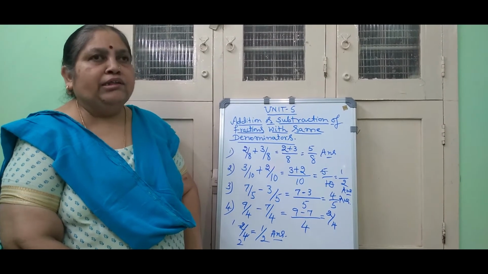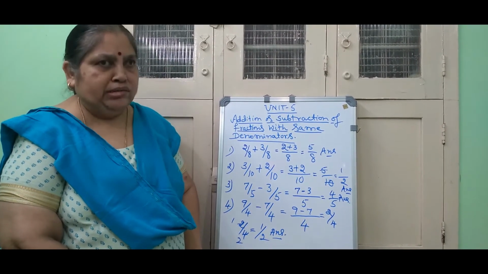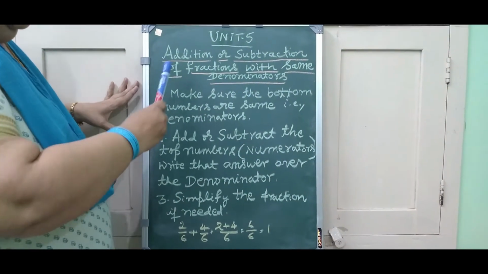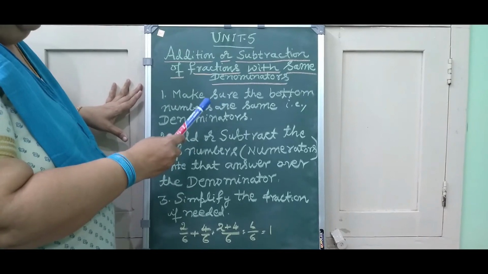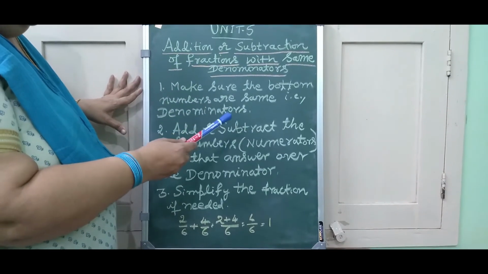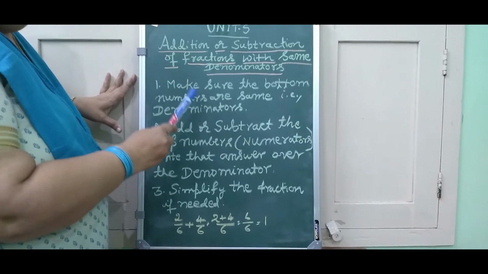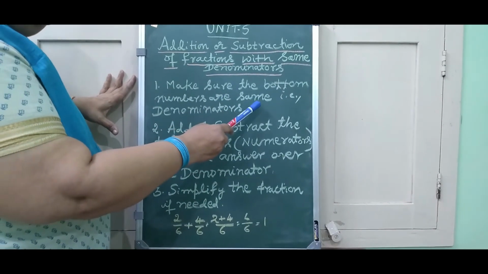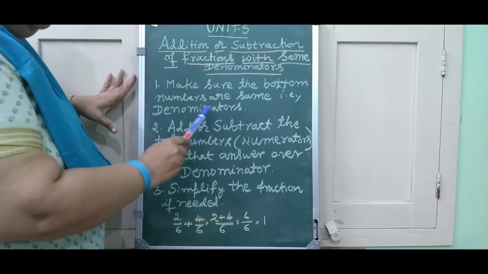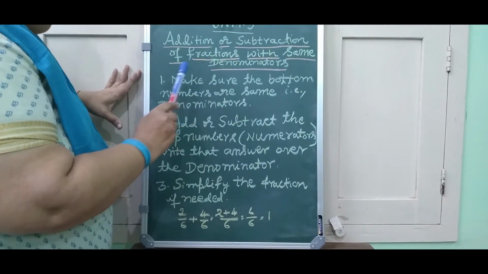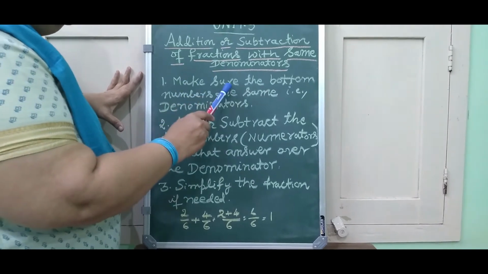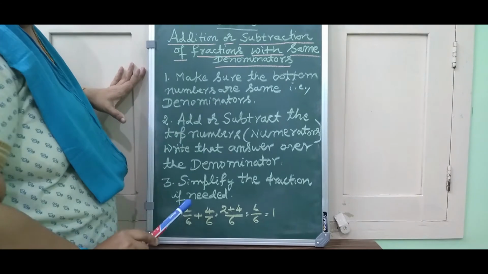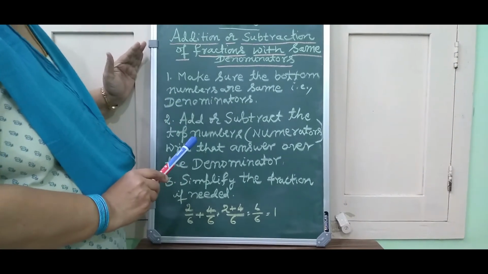Now let us know the summary of this once again. For the addition or subtraction of fractions with the same denominators, you first make sure the bottom numbers are same, that is denominators. That is the first point you have to observe.